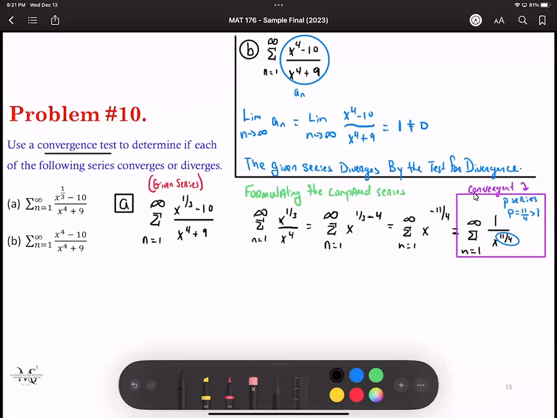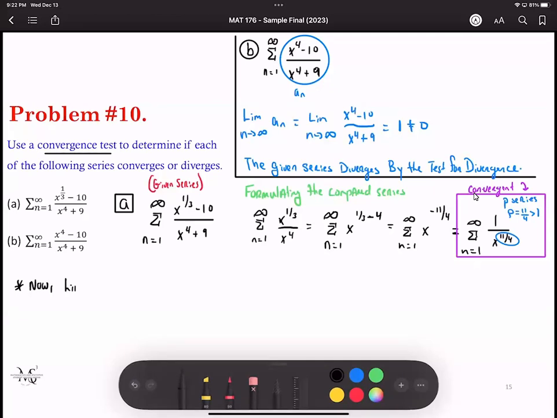Now, I could use a direct comparison, but the part that I hate about direct comparison is showing that one series is always smaller than the other. So instead, I do a limit comparison. Just show that a limit exists and both of the series will converge. Well, yes, in this case, both series will converge. If the compared series was divergent, then the limit still has to exist to explain why the given series would also diverge.